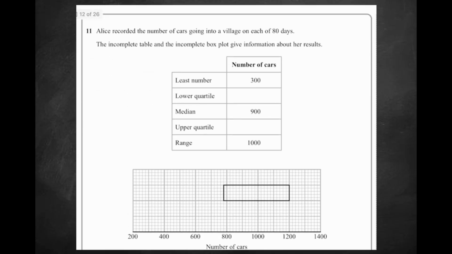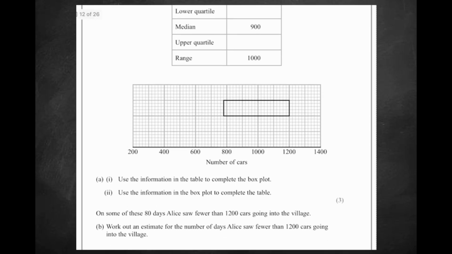Question number 11. Alice recorded the number of cars going into a village on each of 80 days. The incomplete table and the incomplete box plot give information about her results. Part A I. Use the information in the table to complete the box plot.